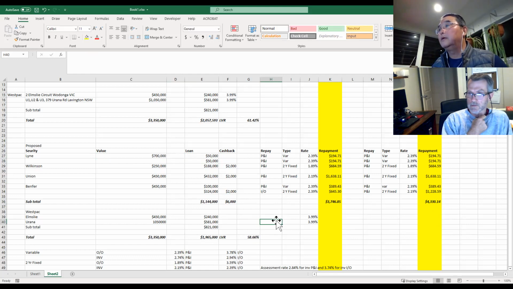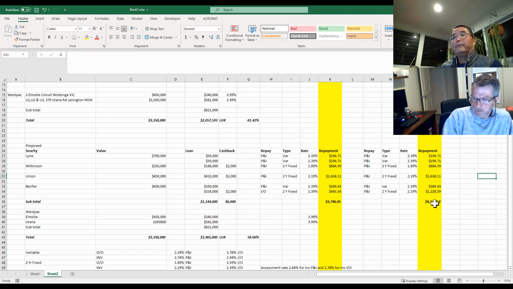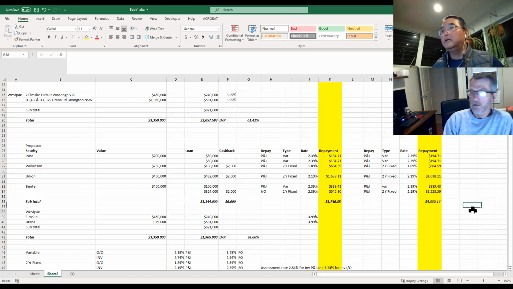But remember, you have $100,000 cash in your offset account. You retain $100,000 at 140. Hopefully in a couple of months' time, it'll be 160, 170, or 270. Okay. And this is the type of figures we needed to play with. Exactly. So that's the bottom line.